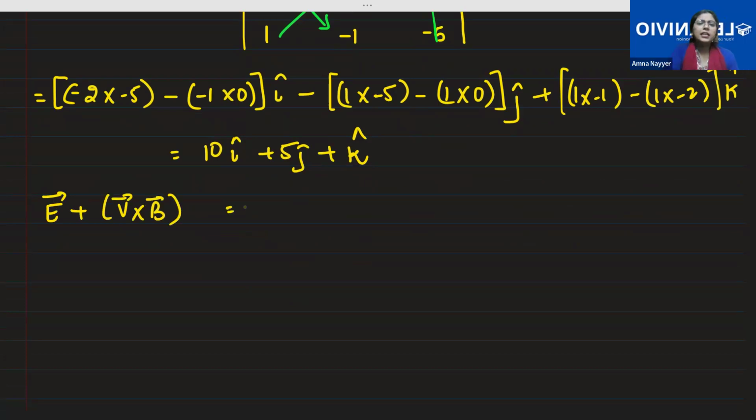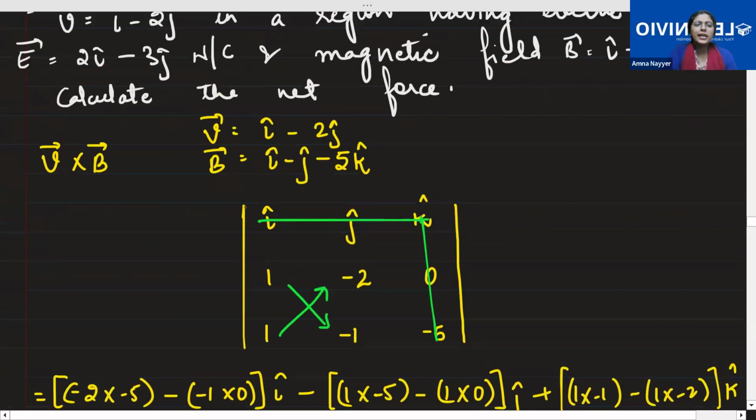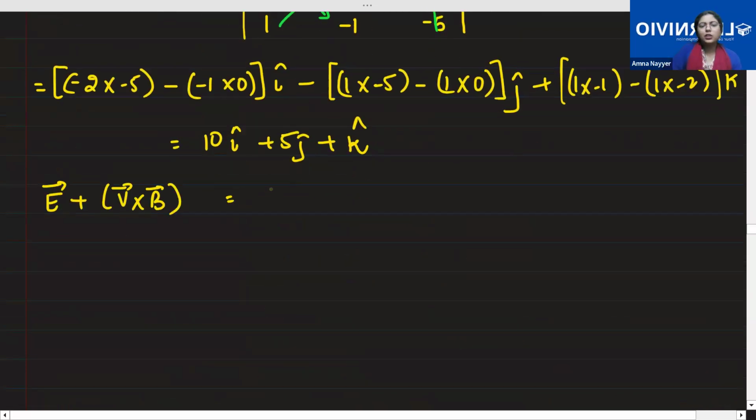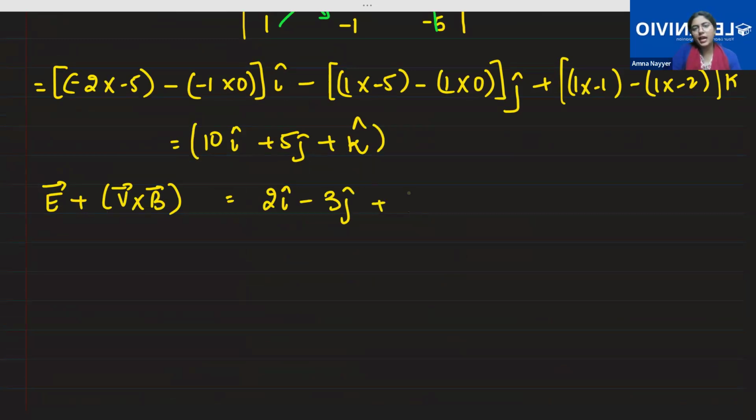Now the electric field is 2 i cap minus 3 j cap, and then you add this v cross B, which is 10 i cap plus 5 j cap plus k cap. So this will be 12 i cap plus 2 j cap plus k cap.